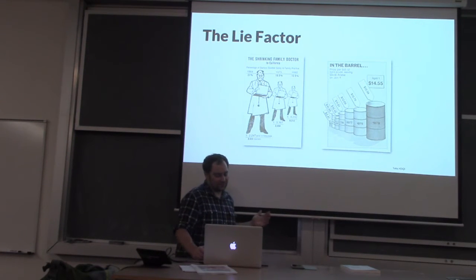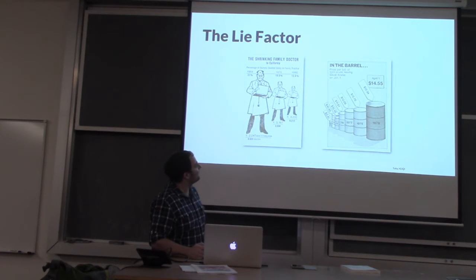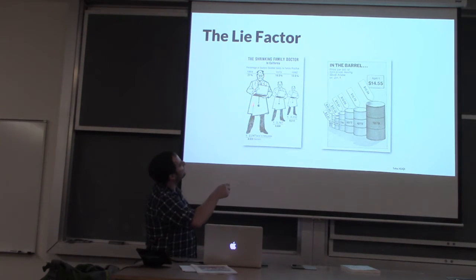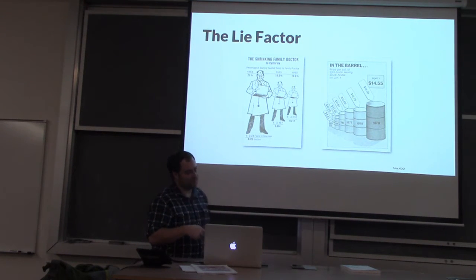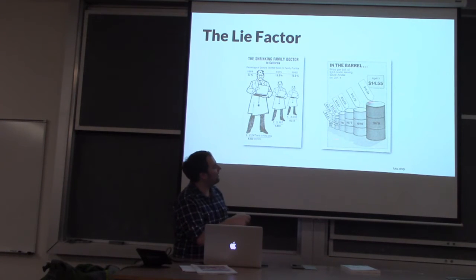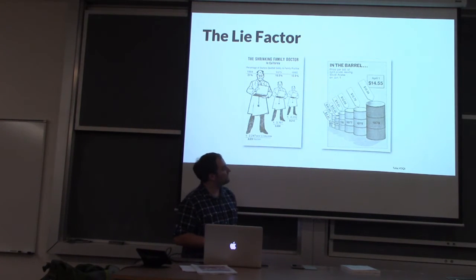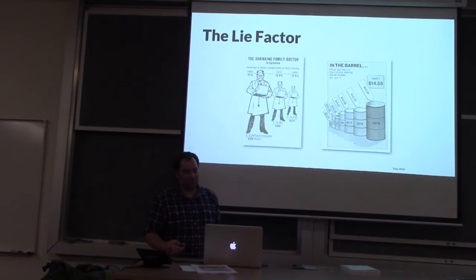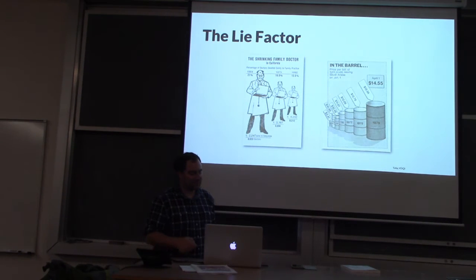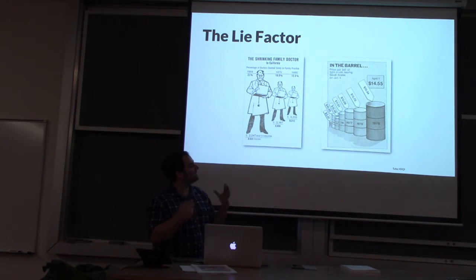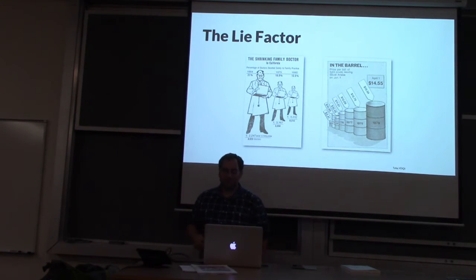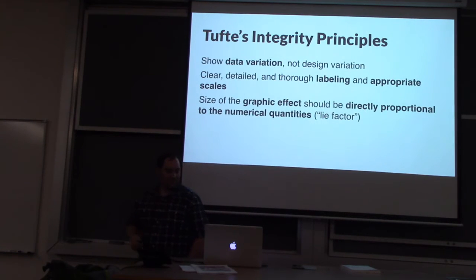It's misrepresenting this change quite a bit, because this doctor doesn't look a couple of percent larger, he looks many, many times larger. And then for volume, there is a similar problem with oil prices per volume. We have these massive changes, these volumetric representations that simply do not match the data.